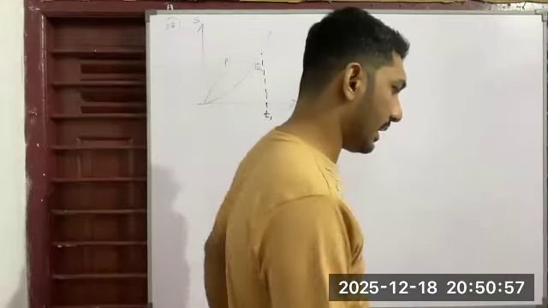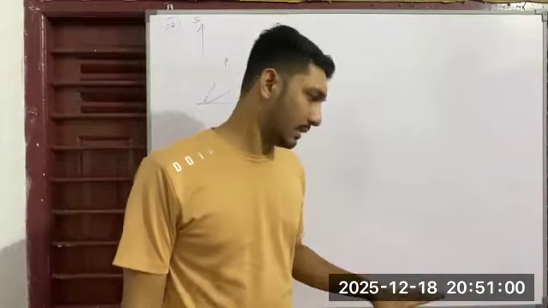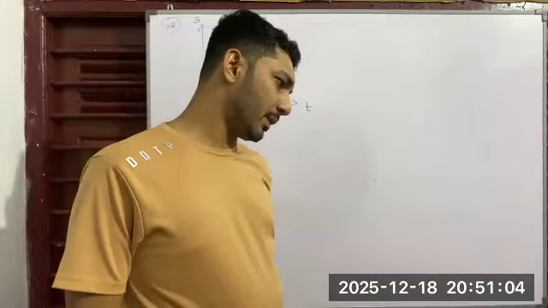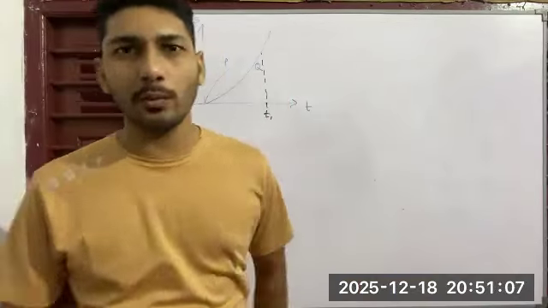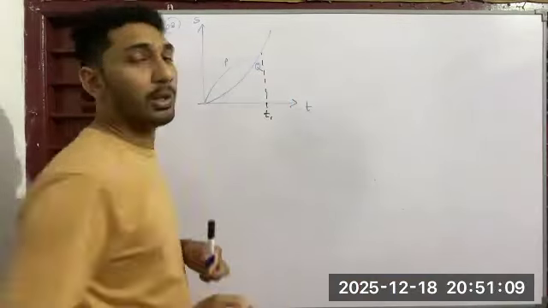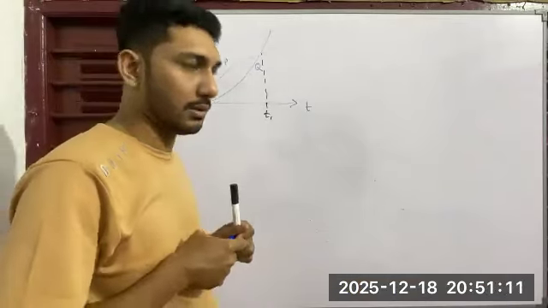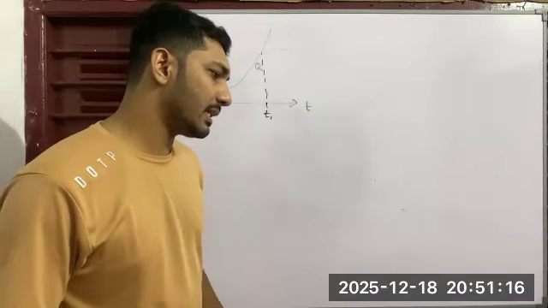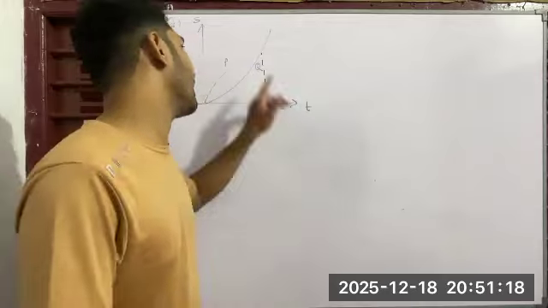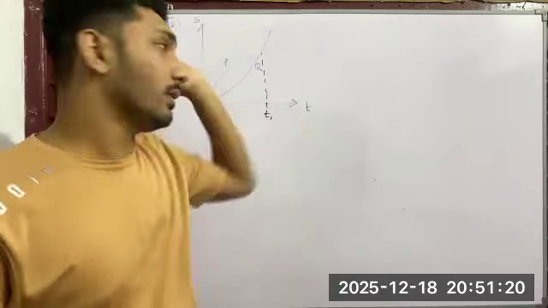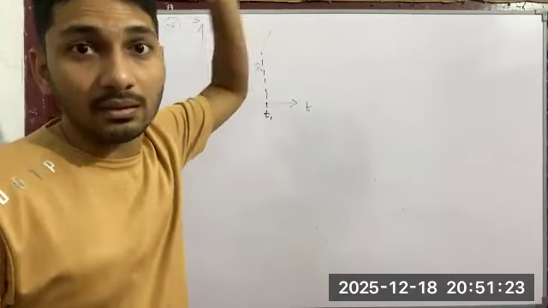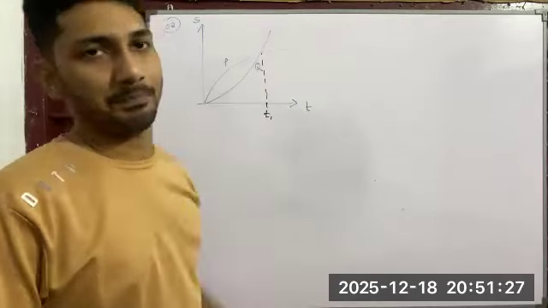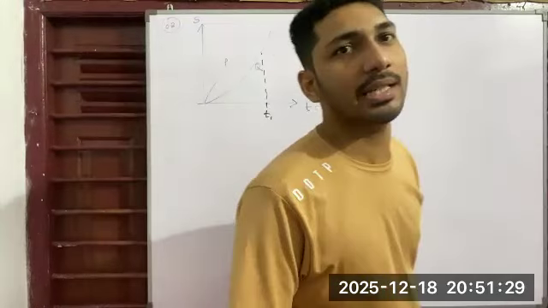Yeah. So the third statement is correct. Fourth statement: at T equal to T1, the velocity of Q is more than that of P. You see, the velocity of Q is greater because the angle of Q is greater. And then after T1, they can meet each other once again. If they follow the same trajectory, they won't meet again.